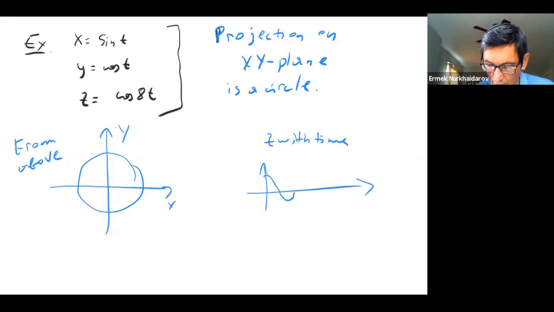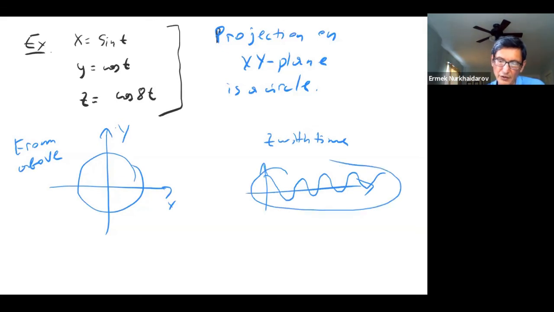So it goes like this, right? Cosine function. So it should do 8 full rotations. Now, you take this part and try to align it on top of this one. So can you imagine what you're going to see?